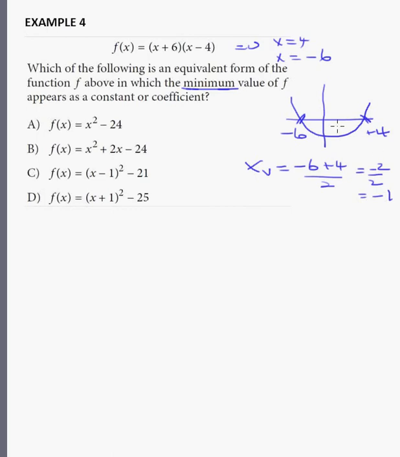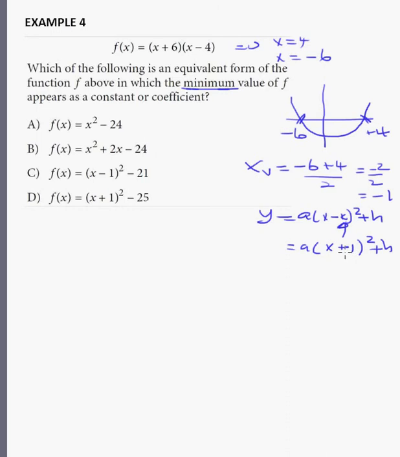So if I'm writing my equation, remember we said the vertex form is y equals a times (x minus k) squared plus h. If this is k, that means it's positive. So since this is negative, it's going to be something like x plus 1 squared plus h.